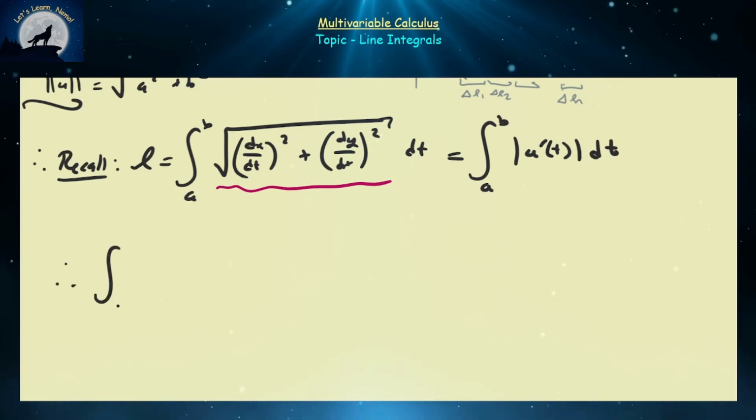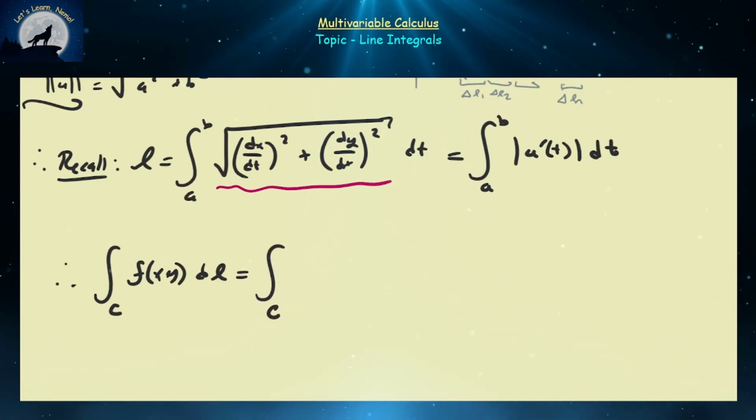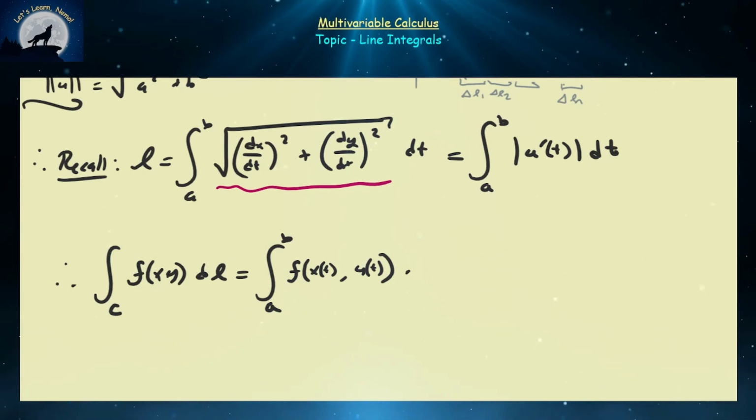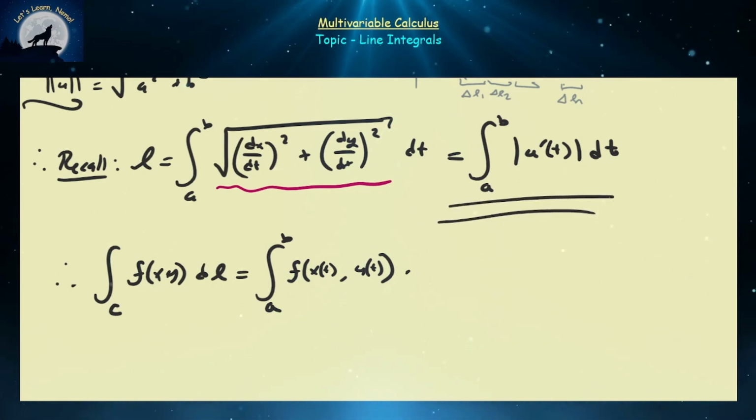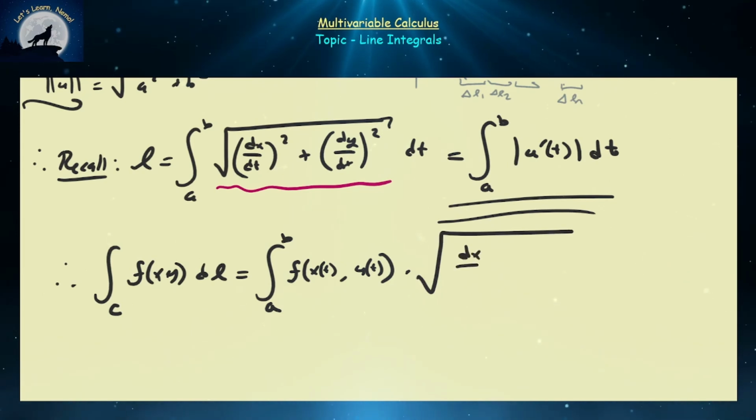That means the integral along C of f(x,y) dl will be equal to the integral along C of, let's parameterize it, f of x of t, y of t, and again, let's assume that t ranges from a to b, and then we have dl, which is the derivative of that integral, which would just be equal to the square root of (dx/dt) squared plus (dy/dt) squared, dt.